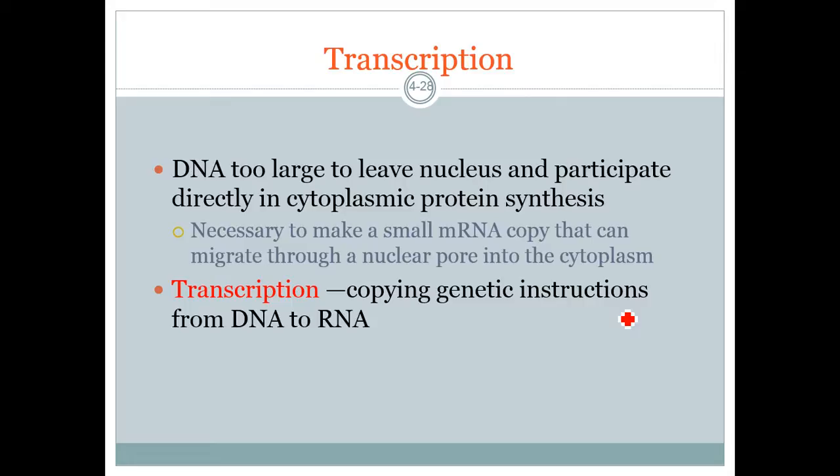It is very necessary to make a small mRNA copy that can migrate through the nuclear pore into the cytoplasm. Now, transcription is that very first step that we talked about. And this is copying genetic instructions from our DNA to our RNA.